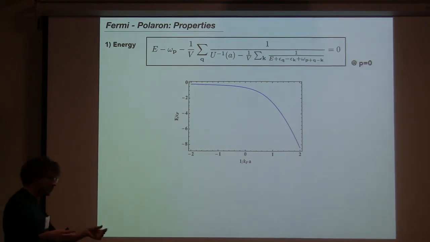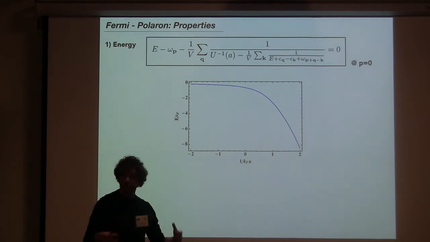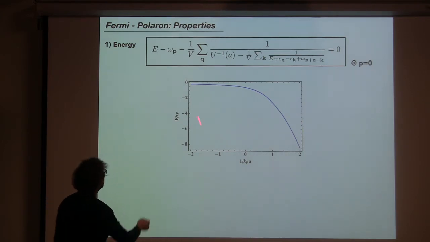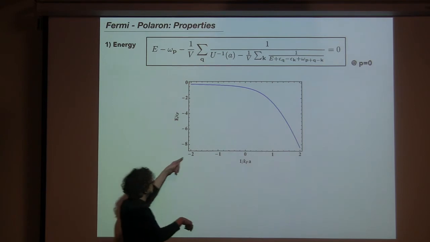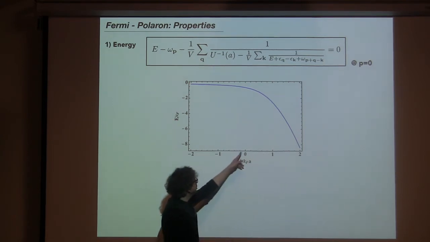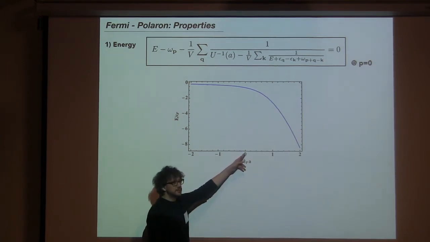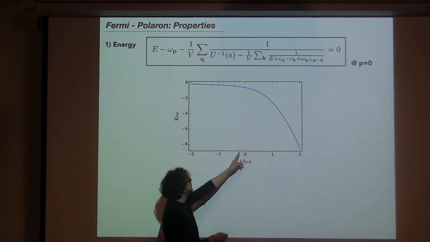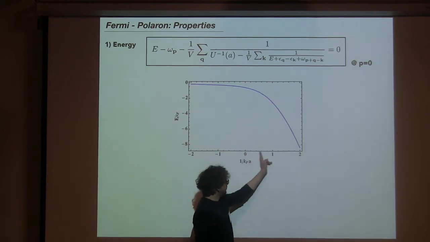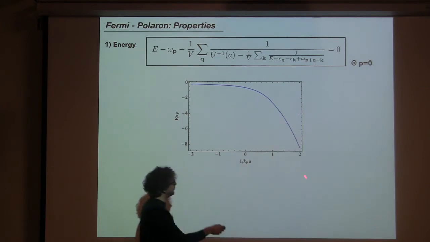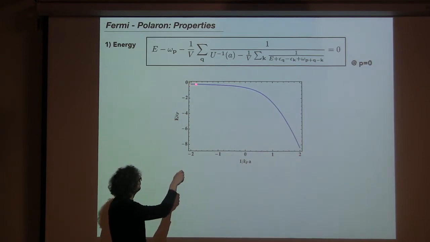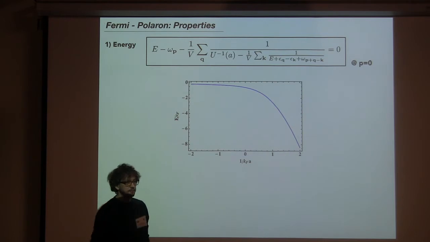The impurity in the system just pulls fermions toward it, but really weakly. And then as we increase the interaction strength and go over here, at some point a bound state develops in the spectrum. If you carry on to very strong attraction over here, the polaron energy keeps on increasing.